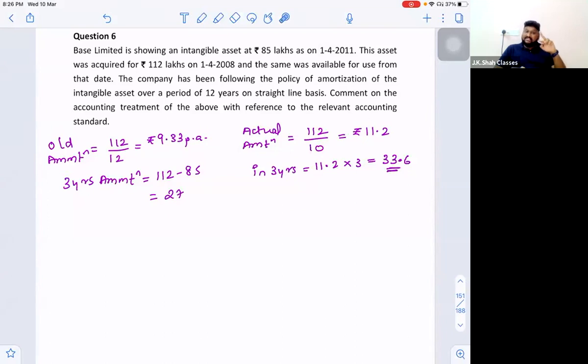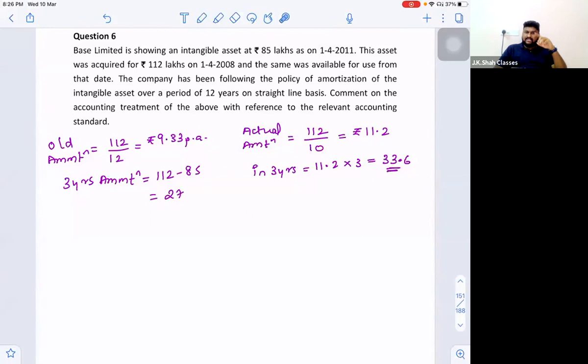And AS26 clearly states that if you have followed a higher period for amortization, then please make the retrospective changes to bring it back to the lower number of years, that is 10 years. So technically you have to give a retrospective effect, meaning you have to change the amount of amortization from 1st April 2008. So sir, shall we go back in those years and make the changes in P&L? No sir, that is not allowed. You have to do it from now.